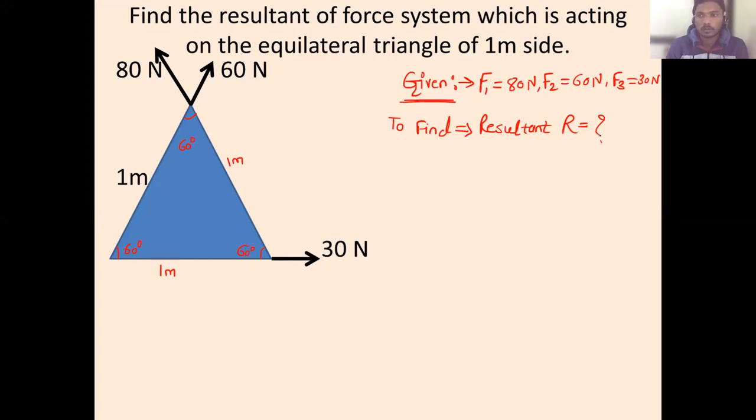What is the formula to find resultant? R is equal to under root of summation of Fx square plus summation of Fy square. Very good.